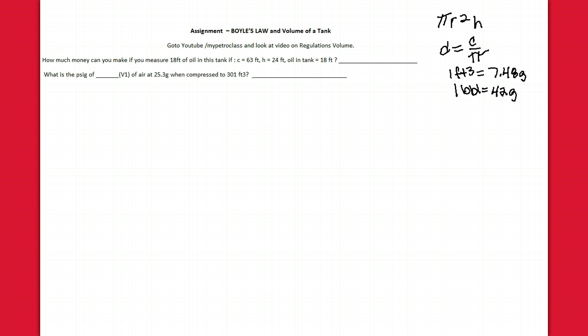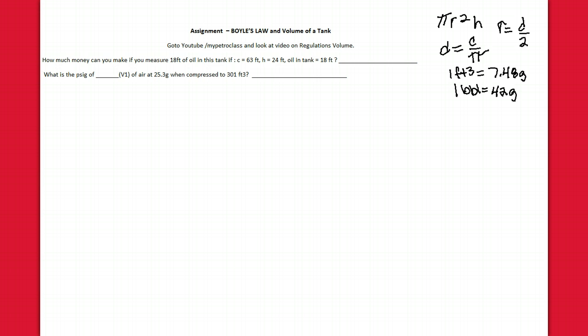What else can we do? Oh yes, we forgot this other one. R is equal to D divided by 2. Now, if you can remember those, when you first sit down, just start writing your formulas because you won't be able to use them on the test. But these should be pretty easy.